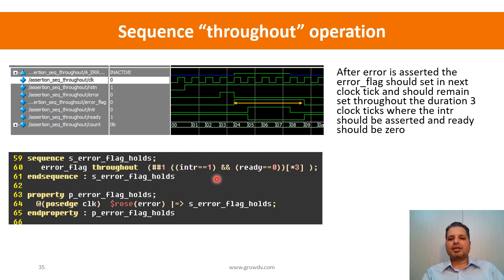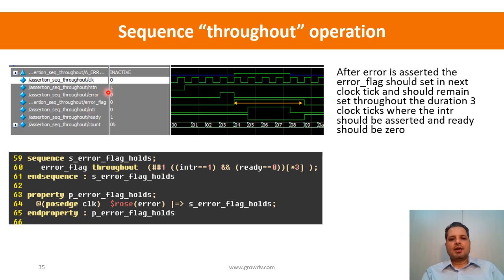During this sequence the error flag must remain set. That is what we are trying to check through the assert. Generally I am using the term assert, but it could be cover as well, or assume, so we can use different directives. We will look at directives more closely when we look at properties.